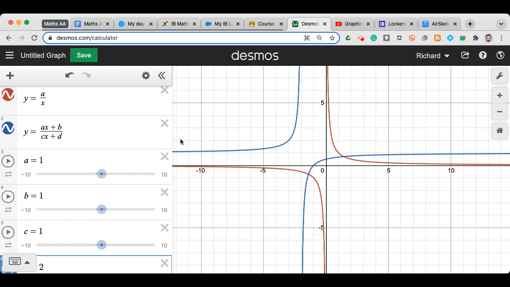Okay, so let's consider, keeping that in mind, all we need to do is consider what's happening when X is positive, what's happening when X is negative. When X is positive, we're going to have positive over positive, which is positive. When X is negative, we're going to have negative over negative, which is positive.